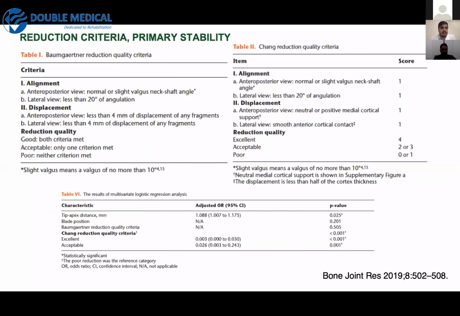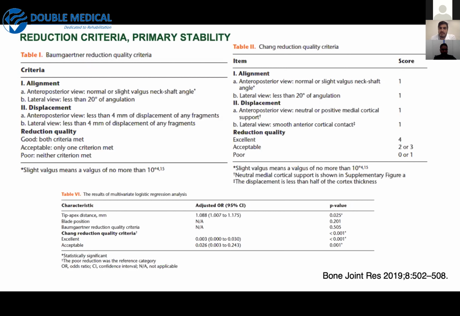Dr. Chang told us that when you do the reduction of these fractures, you have to take into account alignment, displacement, and the reduction quality, as Dr. Baumgarten said in the 80s.